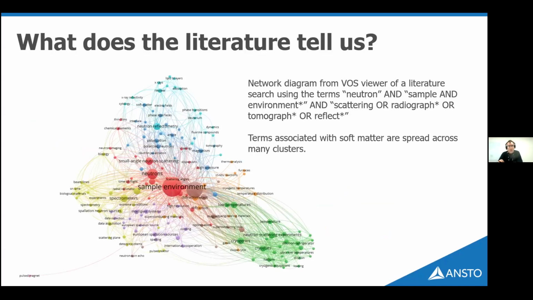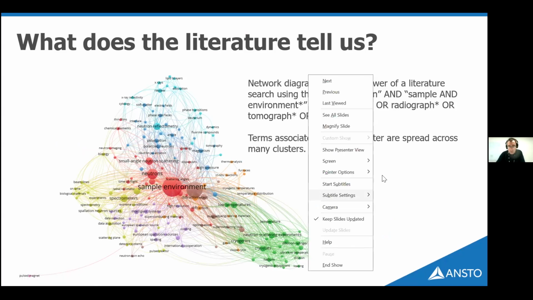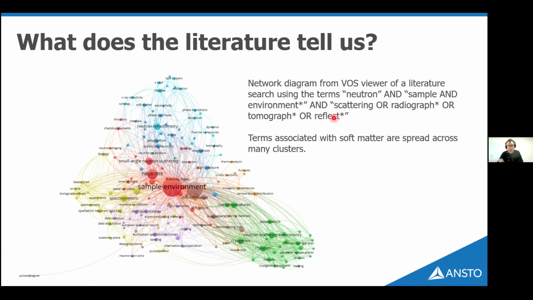So we did some literature surveys, and I don't know if anyone is familiar with this software called VOSviewer, which is a way of, if you do a literature search, determining the relatedness of the keyword terms of all the articles in the search.